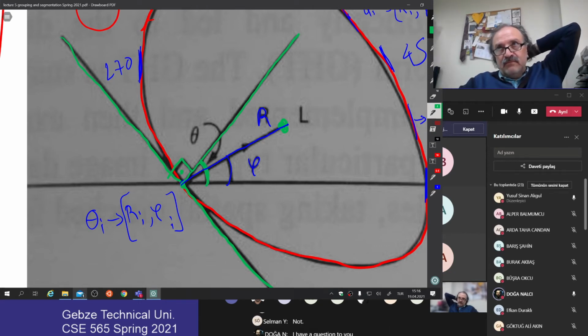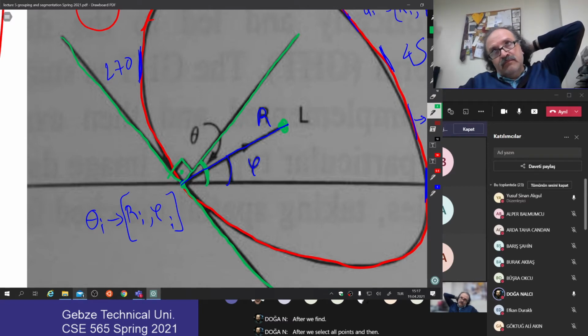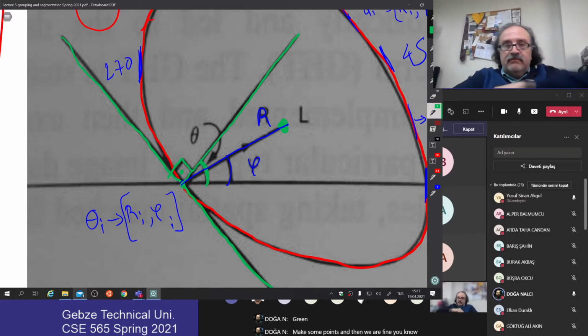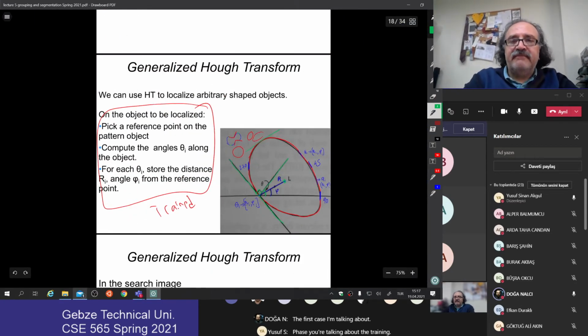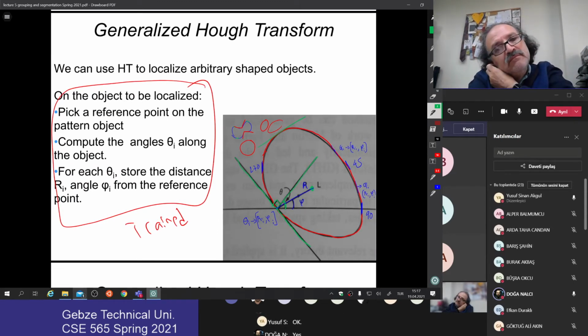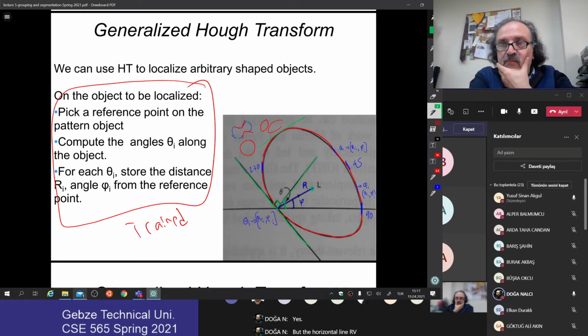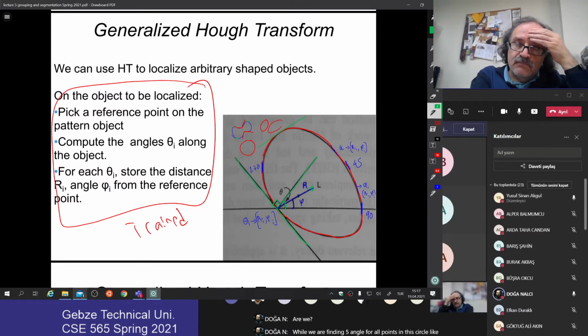I have a question too about this case. After we select the point and then the green intersection point, and then we know R for all points. Are you talking about the training phase or the runtime phase? The training phase. Yes. While we are finding the phi angle for all points in this circle-like shape, we are drawing a horizontal line and then finding phi?